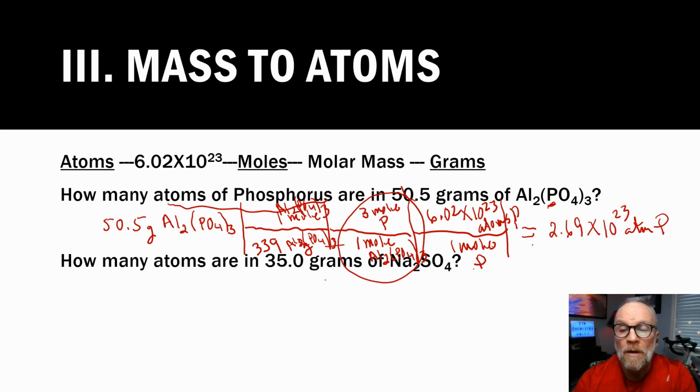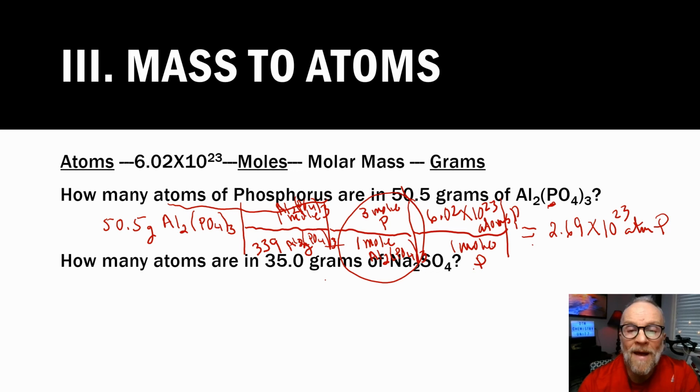Well, you have 2 moles of sodium, 1 mole of sulfur, and 4 moles of oxygen. So you would have 2 times 6.02 times 10 to the 23rd atoms to get your atoms of sodium, and 1 times 6.02 times 10 to the 23rd for sulfur and so forth.